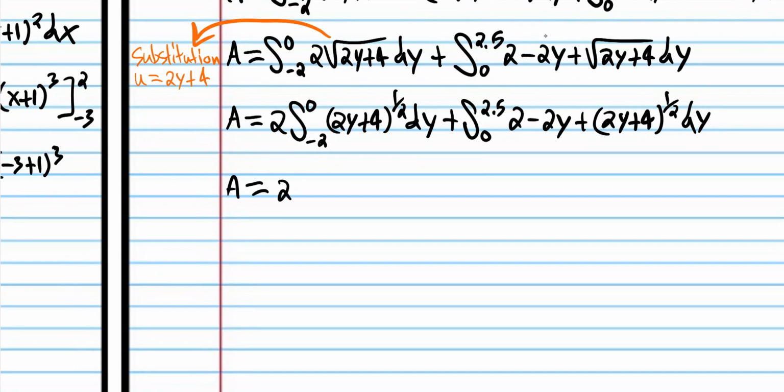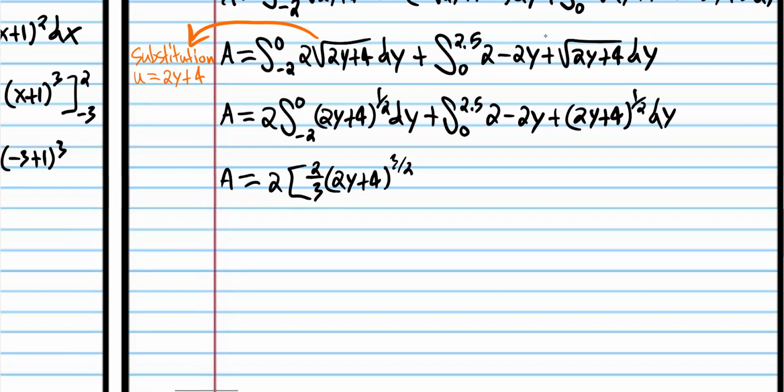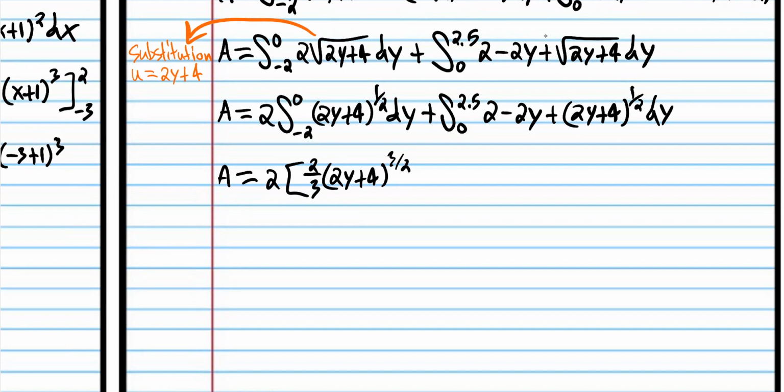Okay, so let's find the antiderivative. You're going to add 1 to the exponent. So you're going to have 3/2, and then to counteract that, you need 2/3 there. But when you find the derivative of this, you have to use the chain rule. So you find the derivative of the outside function, you keep the inside function, and then you multiply by the derivative of the inside function. That's 2.